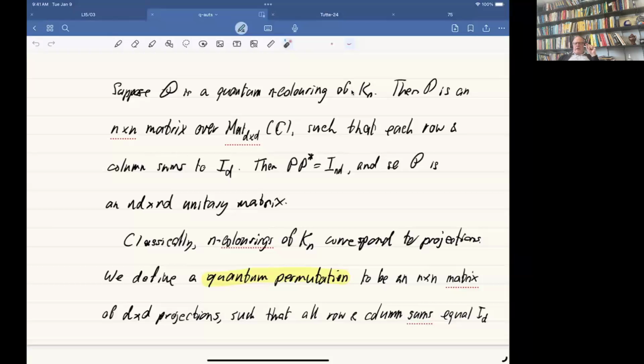So a quantum n-coloring of Kn is given by an nd by nd matrix of projections, where each row sums to the identity and each column sums to the identity. And when d equals 1, this is just the usual coloring, but described in a more complicated way. Okay, so we're going to define a quantum permutation to be an n by n matrix of d by d projections, such that all row and column sums equal the d by d identity.